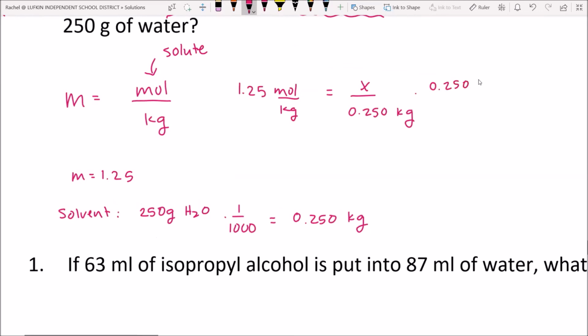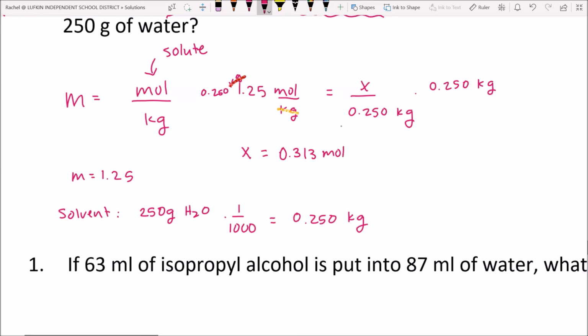Yeah, we're going to multiply both sides by 0.25 kilograms, which would make kilograms cancel out here. We're going to cancel that out and cancel that out. And so what will our final answer be? Not our non-final, just our answer for X. 0.31, is that 3? Okay, sorry, I kept talking over you.